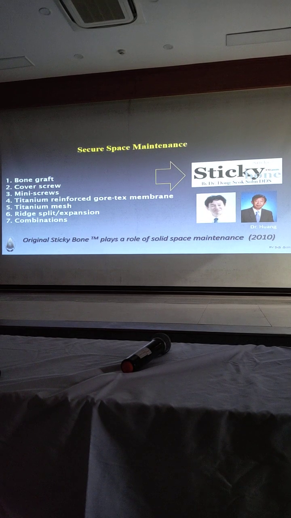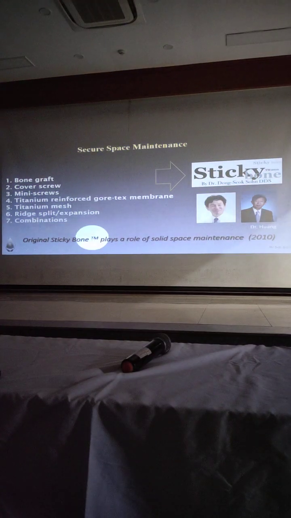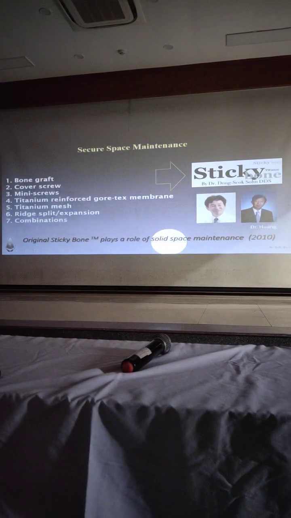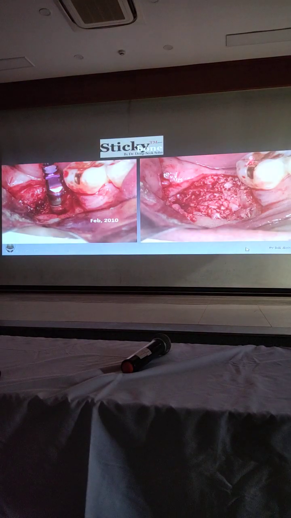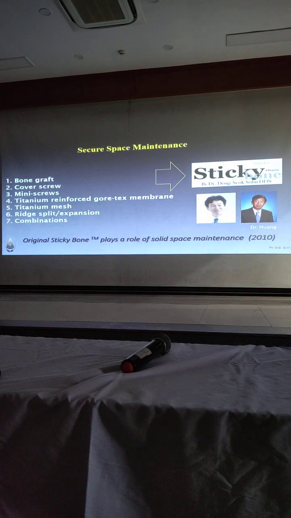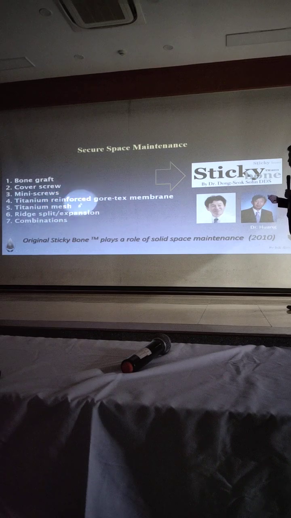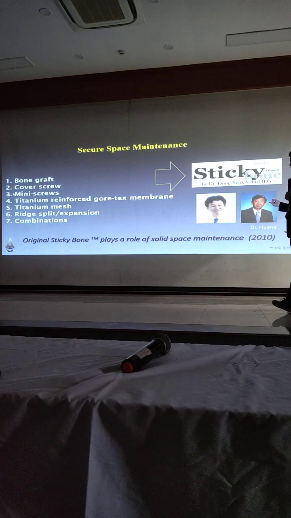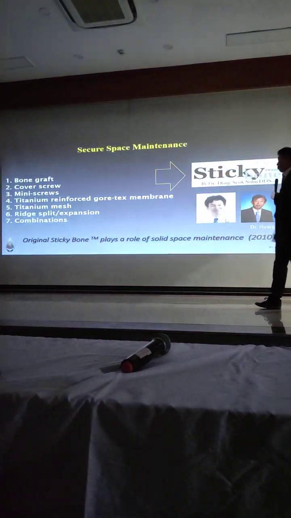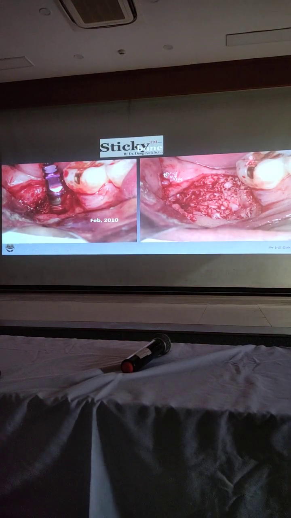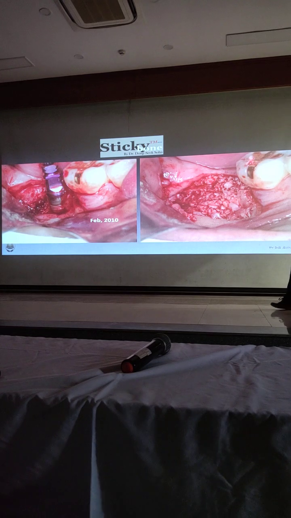Making sticky bone is quite simple. It plays a role of storing space maintenance for advanced instrumentation. As long as you use sticky bone, you don't need to harvest blood bone, and you don't need to use titanium metal. When using sticky bone, we sometimes don't need mini screws, tent poles or titanium mesh to hold the bone. This is one of the early cases using sticky bone.